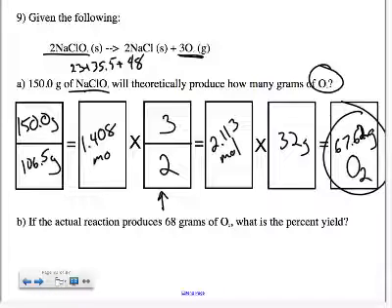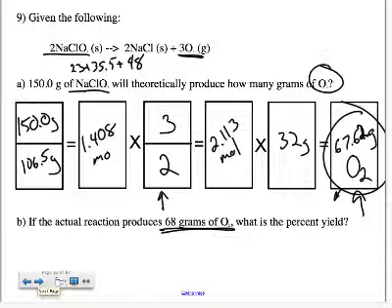Okay, so there's obviously a little bit of a typo here because according to this, our actual yield is greater than our theoretical yield, which can't happen. But I'm just going to carry this out the way I would if it wasn't a typo.